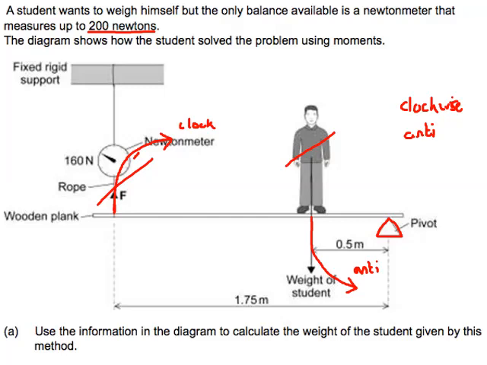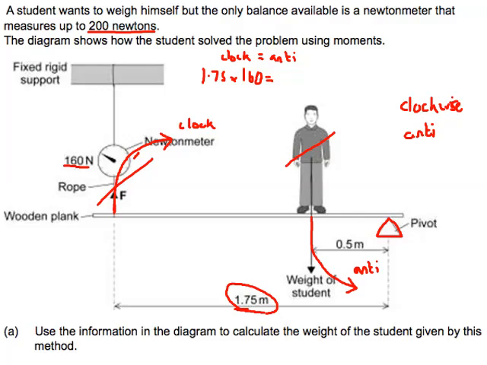So then what you'd do is work out your clockwise moment, which we know, and our anti-clockwise, which we don't know. So our clockwise one would be 160 newtons times 1.75, because the force is 160 newtons and the distance from the pivot is 1.75 meters. So we have 1.75 times 160.